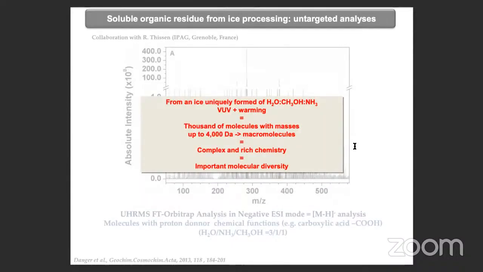So we demonstrate that when you start from three very simple molecules, water, methanol, ammonia, at very low temperature, and submit them to energy, UV, and the same with ions and electrons, and you warm the system, the volatiles go to the gas phase, and you recover at the end an organic fraction that presents thousands of different molecules with masses up to 4,000 Daltons, starting only from methanol as a source of carbon. That shows you that in this environment, very complex and rich reactivities occur and lead to a very important molecular diversity that presents similarities to what is observed in meteorites.